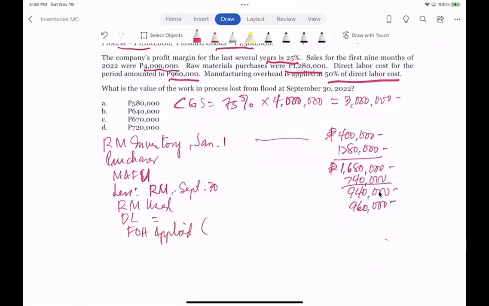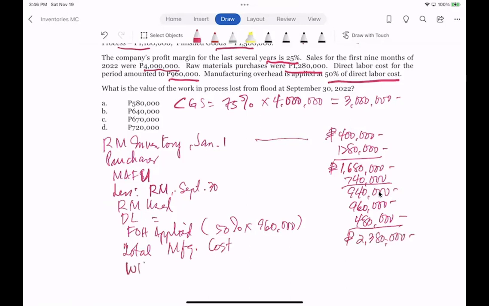And applied factory overhead is 50% of direct labor cost, so that's 50% of 960,000, which is 480. Therefore, our total manufacturing costs: 480 plus 960 plus 940, that's 2,380,000.